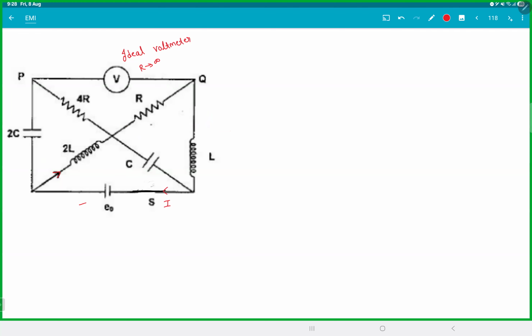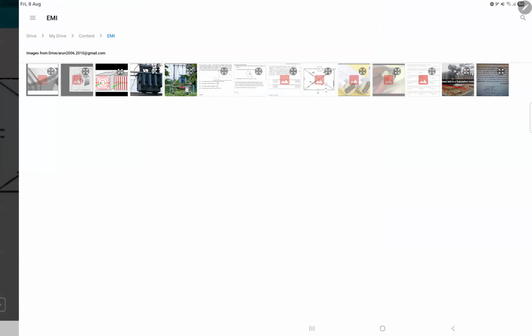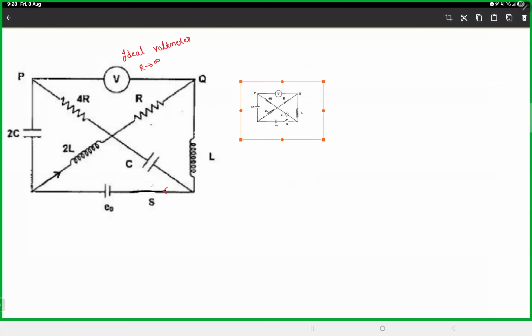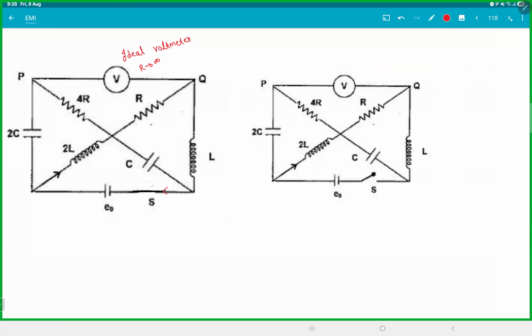So you can just remove this voltmeter here.